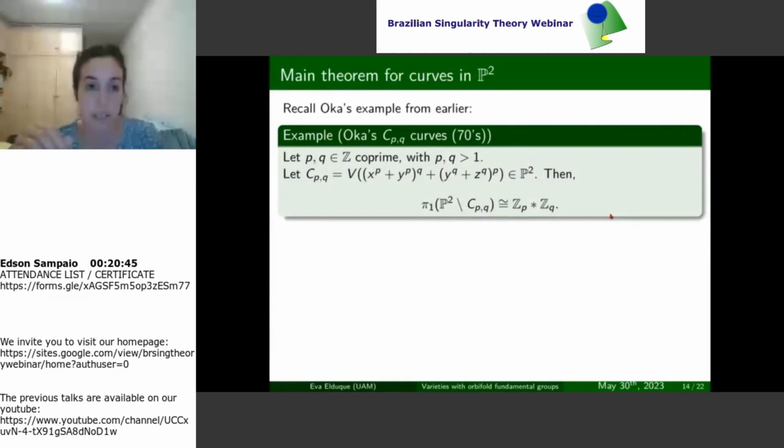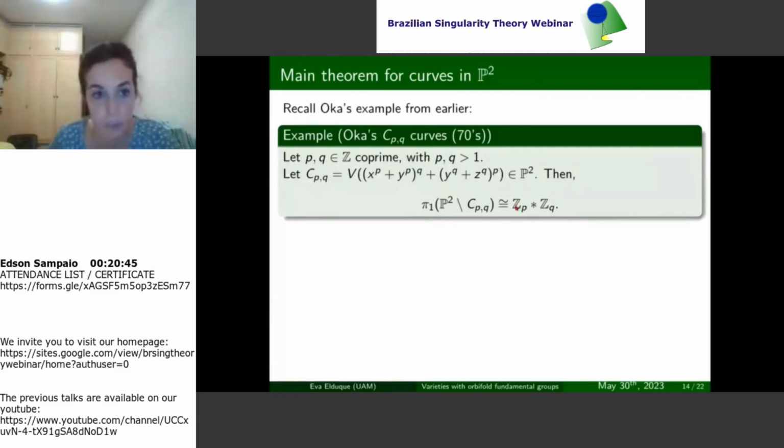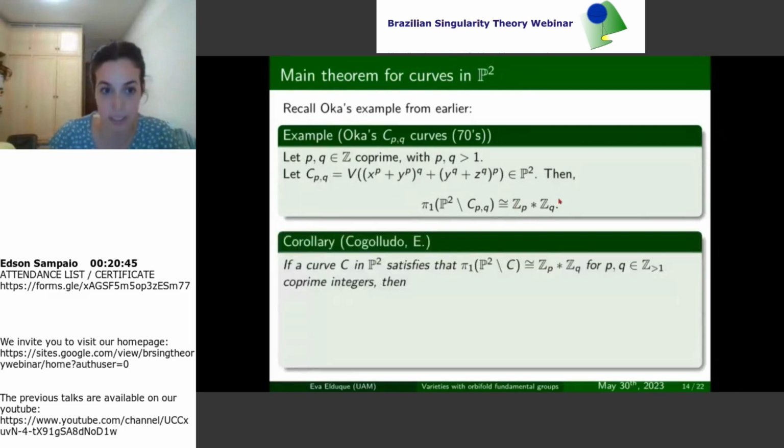With Oka's example, we had this polynomial, which was a degree P polynomial to the Q plus a degree Q polynomial to the P. And the fundamental group of the complement that we got was CP free product CQ. And what our theorem says in the P2 case is that Oka's example had to be of this form. There was no other way.